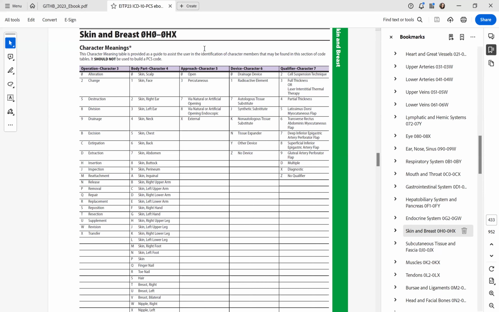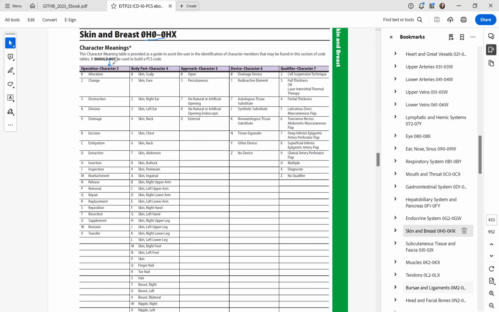And here they are. You can see the first three characters, 0H0. And again, these tables run through 0HX, right? And note here, and I'll just talk from here as opposed to going back to the slides, we have the first three characters.